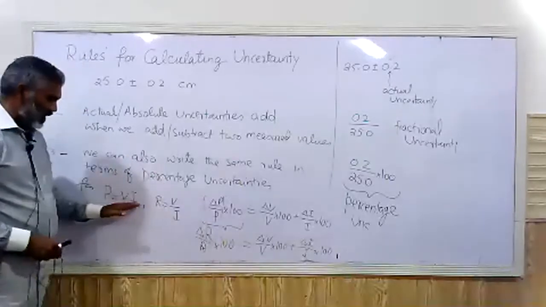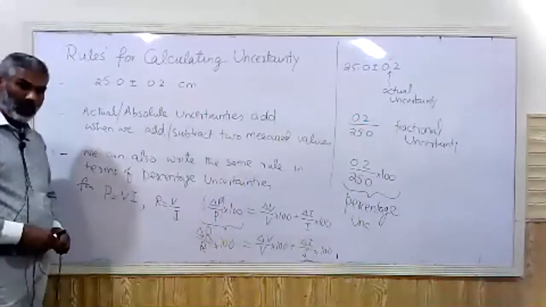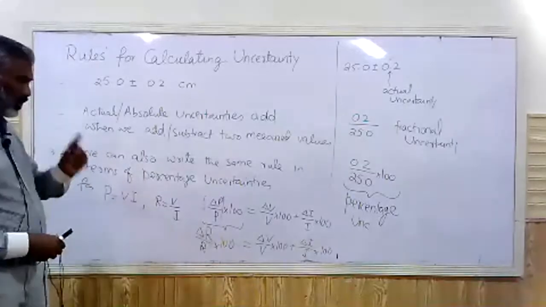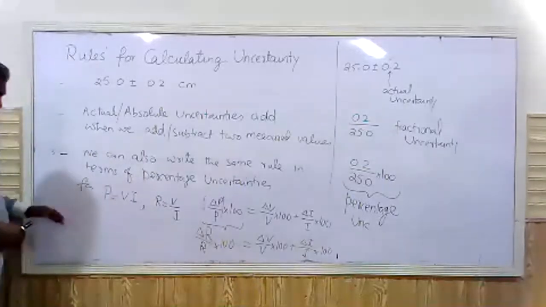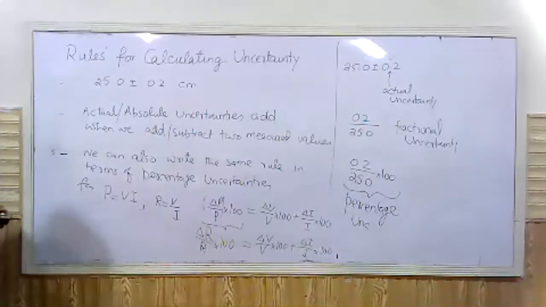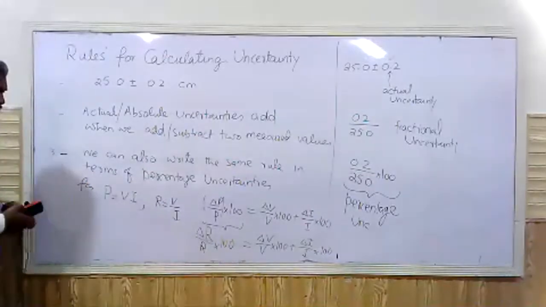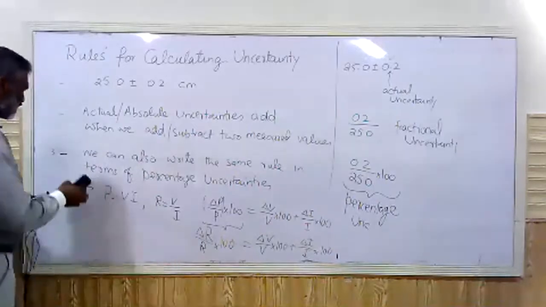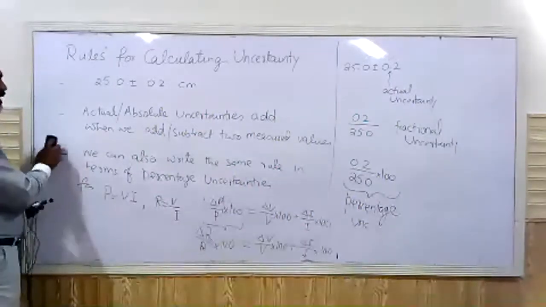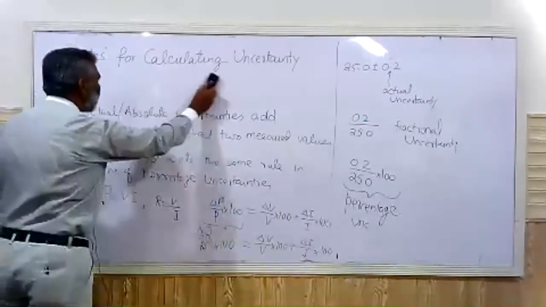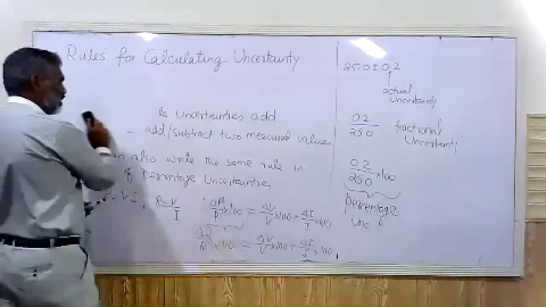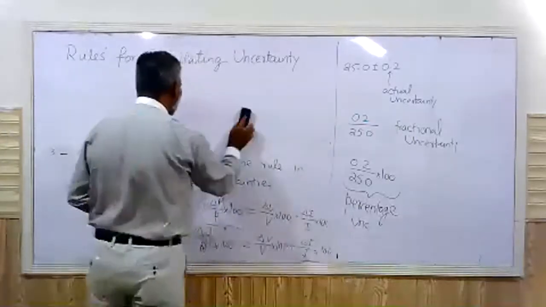Whatever way we have in the formula, there is one small thing that will add to it, and that is the next rule. And with that, our discussion of uncertainties will complete, and then we'll move on to a few questions for practice. So I need to write rule number 4. Let me write it here above rule number 3.